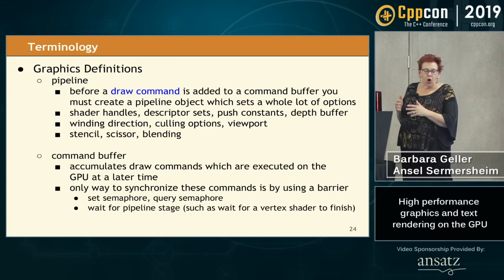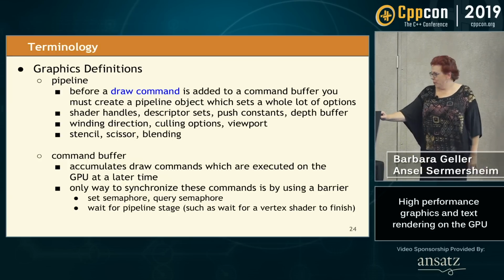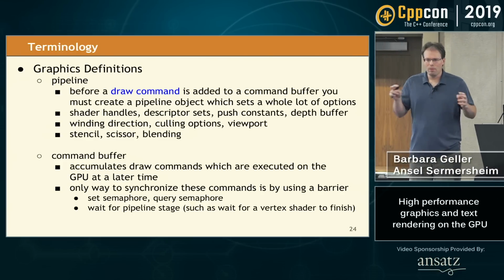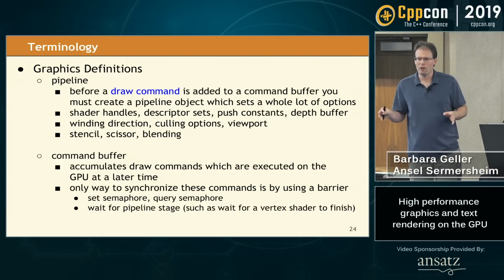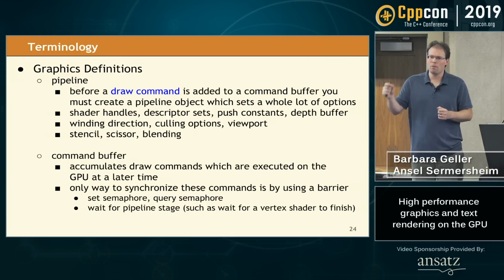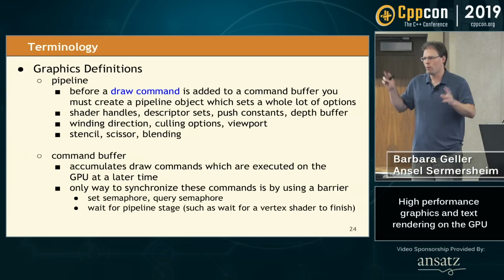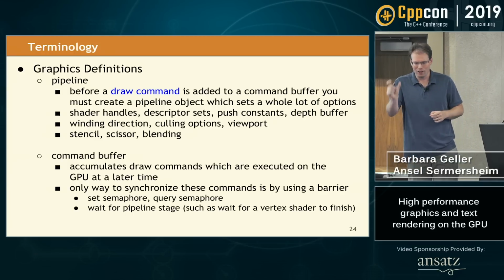And that's what's going to go in with these draw commands into this pipeline. It's important to note that pipeline is a generic term that's used a lot in graphics. In Vulkan, a pipeline is a specific object that you create that contains a lot of information about how you want to render something. It's not just a generic term, we're putting it in the graphics pipeline. It's an actual thing.